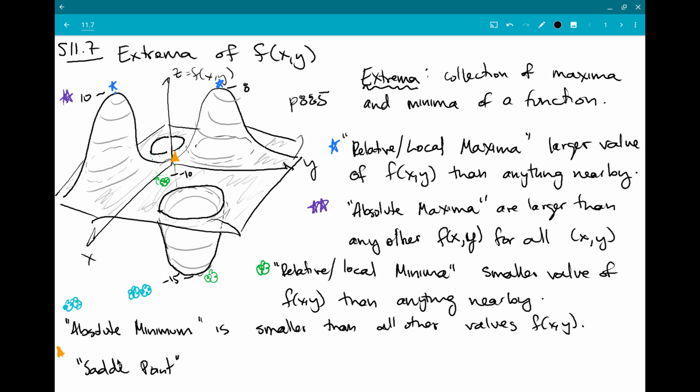And a saddle point is something you didn't have to think about in one-dimensional calculus, but you do now, because what it means is that it's locally a maximum in some directions and a minimum in others. Informally, that's what's happening.